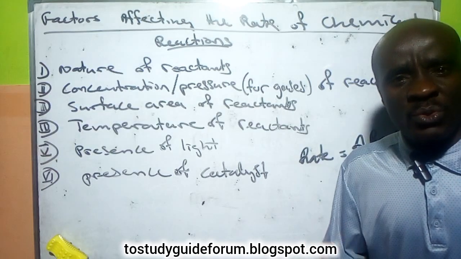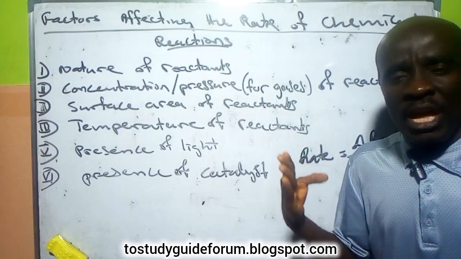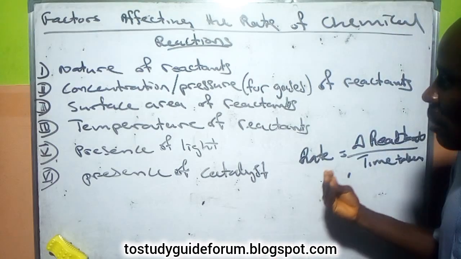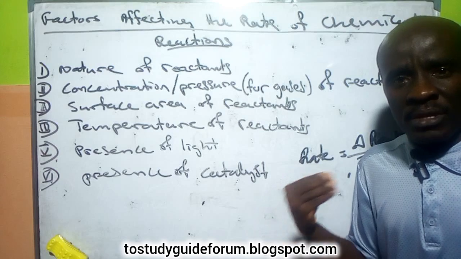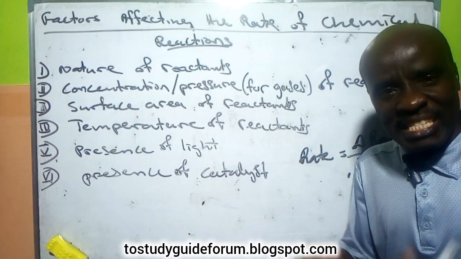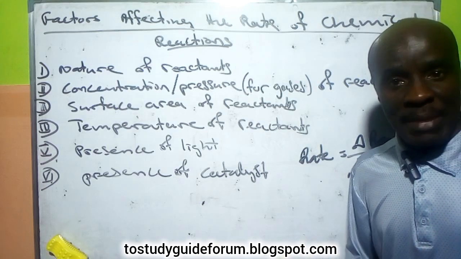When sodium reacts with water, it is very, very fast and very, very spontaneous, unlike when calcium is reacting with water. This is because of the already existing energy content in these compounds, in these atoms or elements.